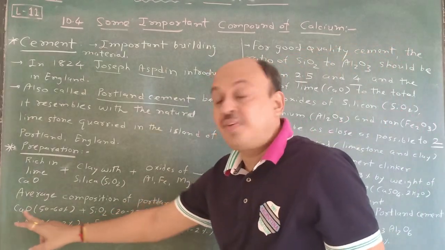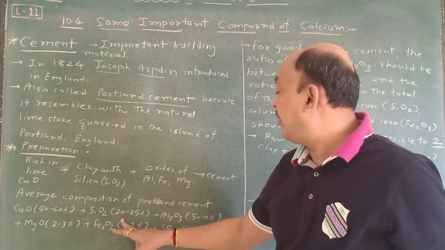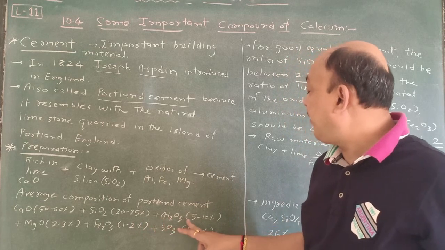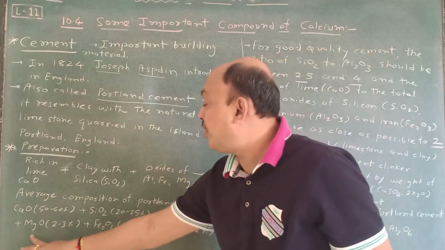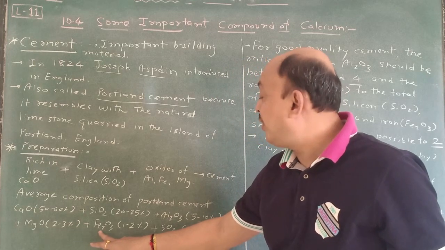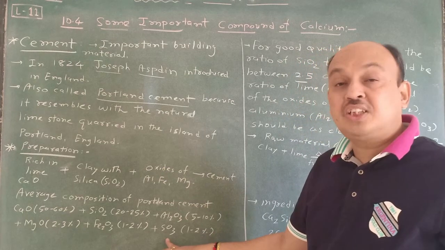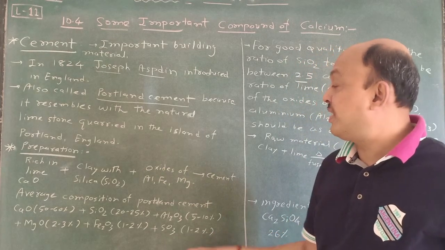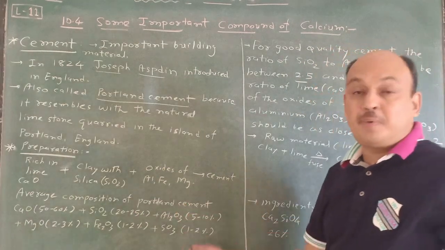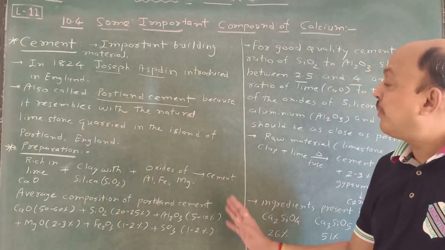Calcium oxide 50 to 60%, silica SiO2 20 to 25%, Al2O3 5 to 10%, magnesium oxide 2 to 3%, hematite Fe2O3 or ferric oxide 1 to 2%, and SO3 1 to 2%. So remember this average composition of Portland cement. This is a very easy procedure.